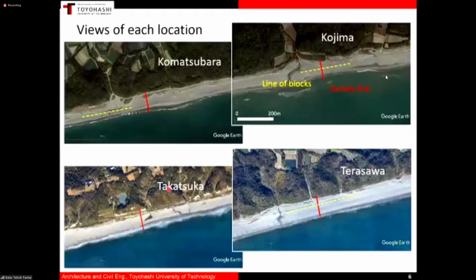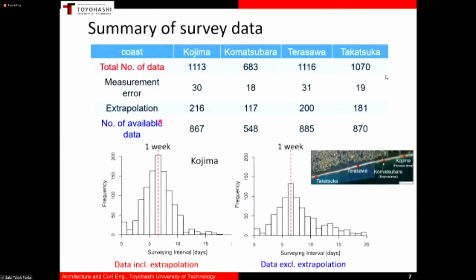At that time, maybe the accuracy of the location is not so good. Then we removed these extrapolation data. So totally, we have more than 800 data available.